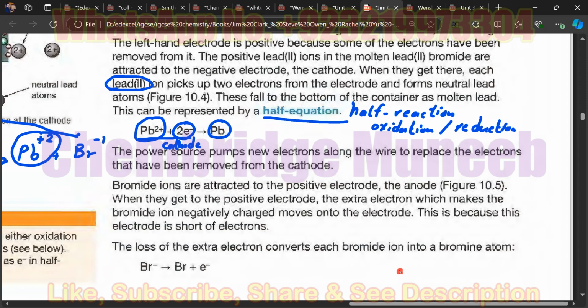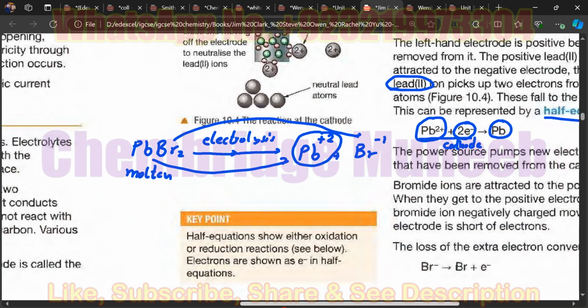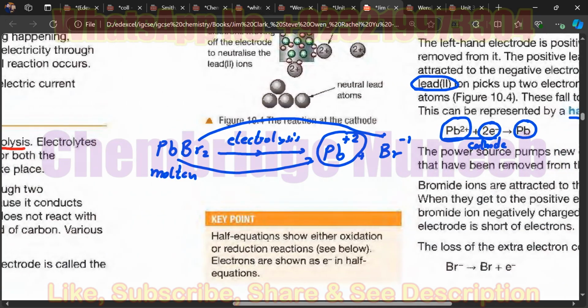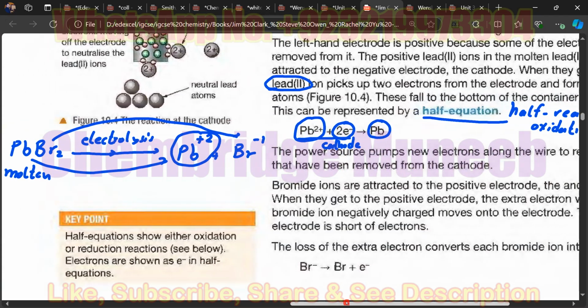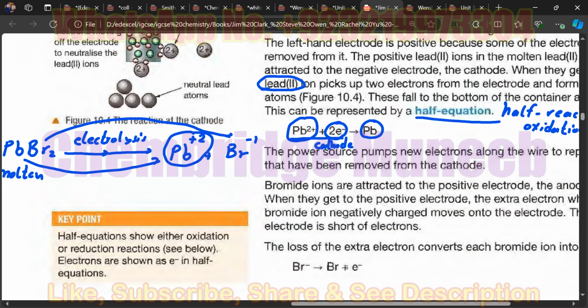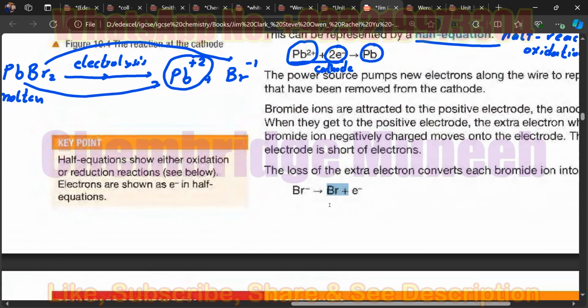And the next part of the ionic compound in the electrolysis is the bromide ion. The bromide ions are negatively charged. They will be attracted towards the positively charged anode, where oxidation will occur and loss of electrons will take place. As a result, bromine atoms will be produced.